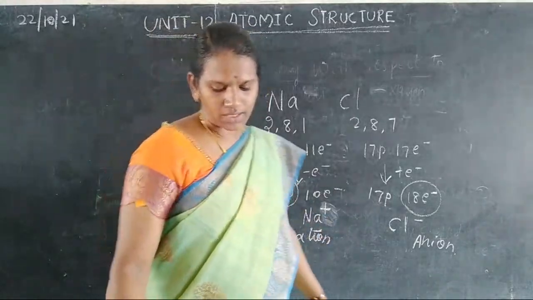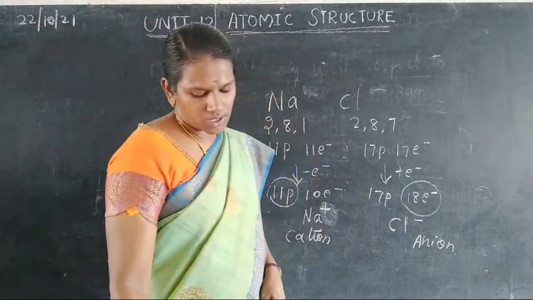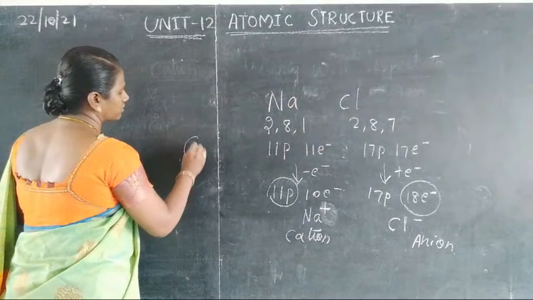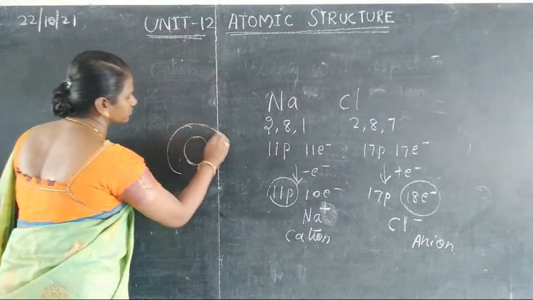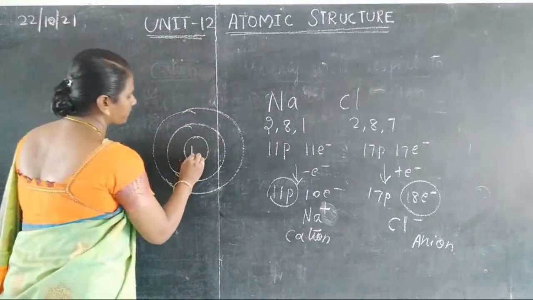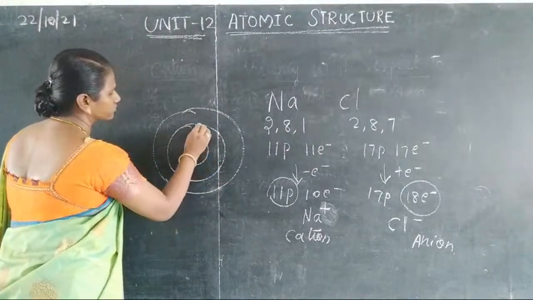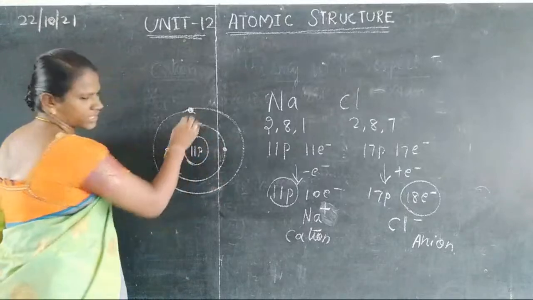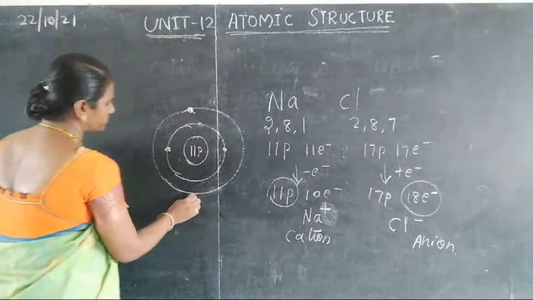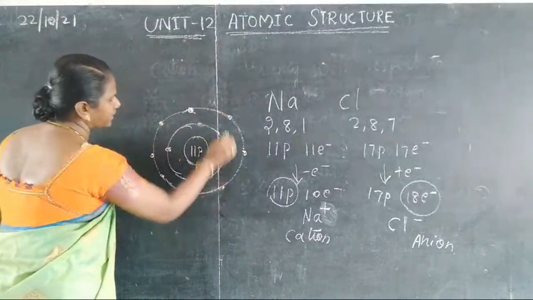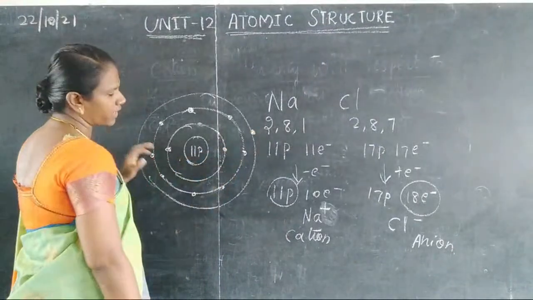In your book, the electronic configuration of sodium is given. Sodium has 11 protons, 2 electrons in the first shell, 8 electrons in the next shell, and in the last shell only 1 electron.